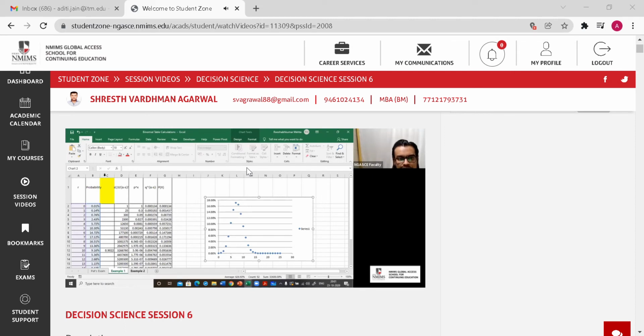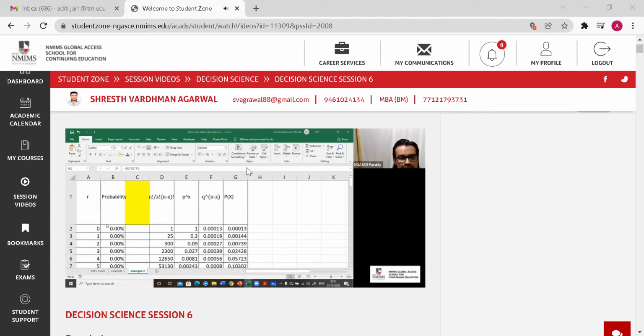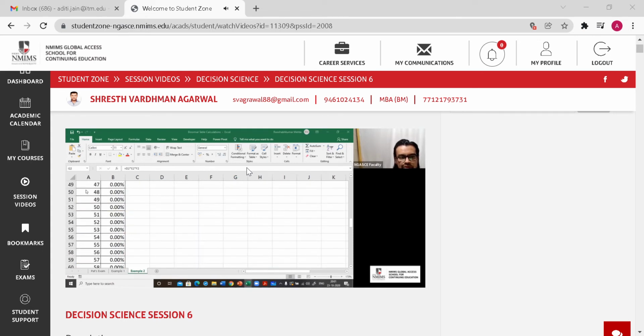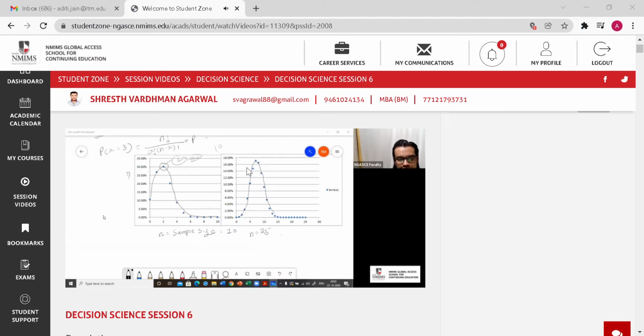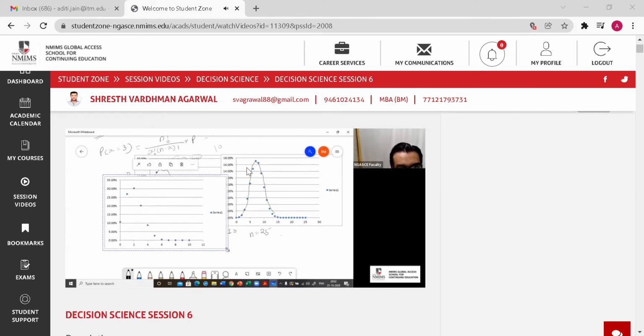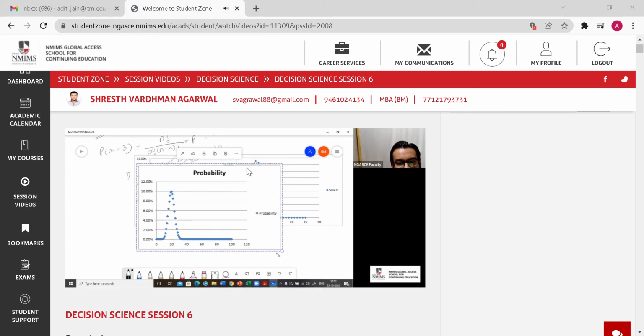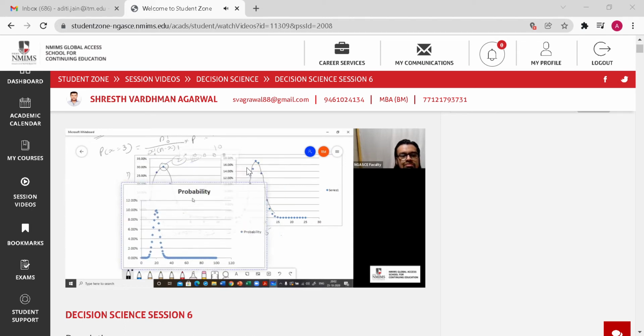Now the third example, in which if I plot the probability figure, this is 100 actually. So let me just copy this probability curve. Now this is a probability curve for n equals to 100.